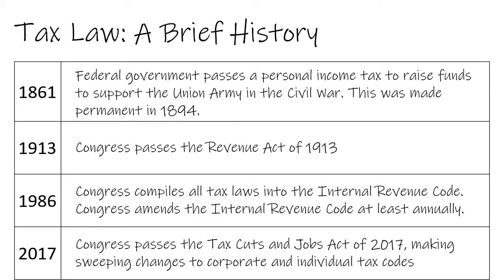In 1913, Congress passed the Revenue Act of 1913, which provided more guidance on the process of taxation and the sources of taxation. In 1986, Congress compiled all tax laws into the Internal Revenue Code. While this is the name of the document, it's a living, breathing document that changes at least annually with new additions, with new deletions, with new rates, and with new tax bases.